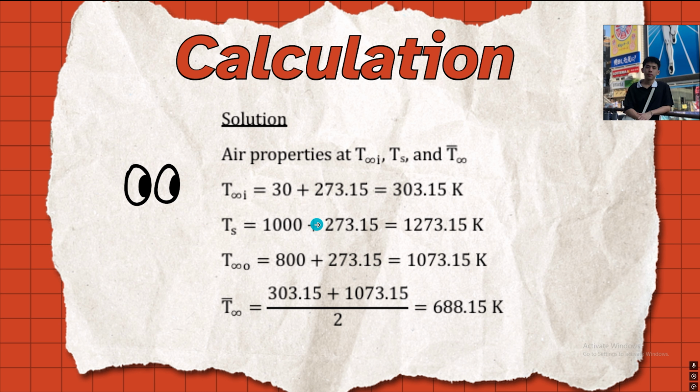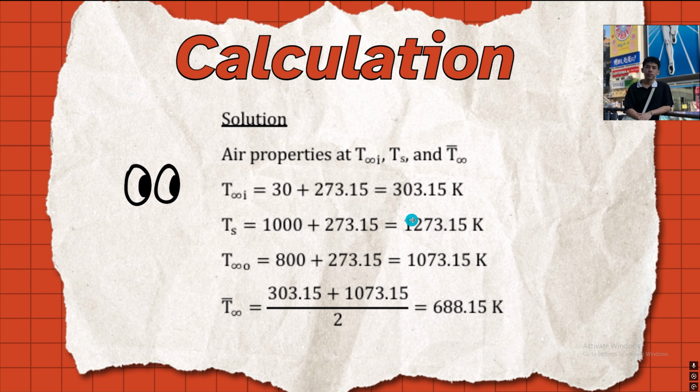Next, we will establish the temperatures needed to find the properties of air. We convert the given inlet, outlet, and surface temperatures from Celsius to Kelvin. Here, T infinity,i is 303.15 Kelvin.